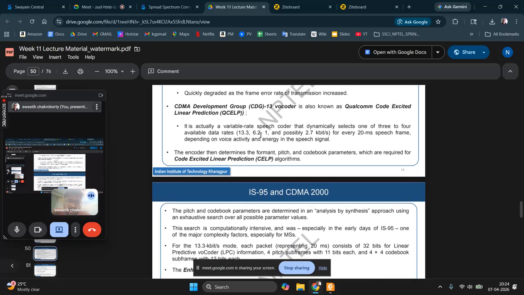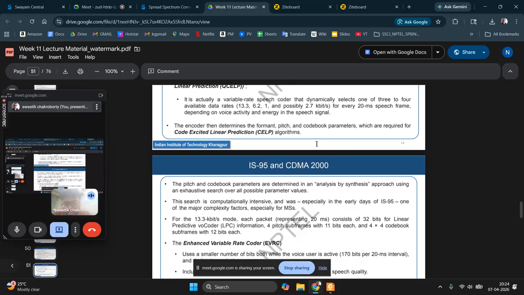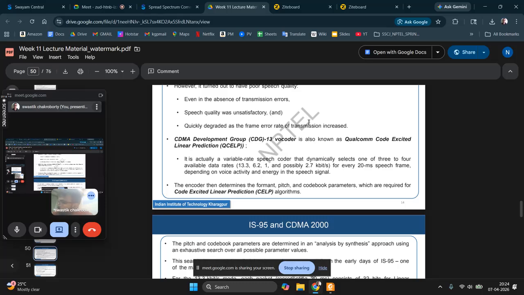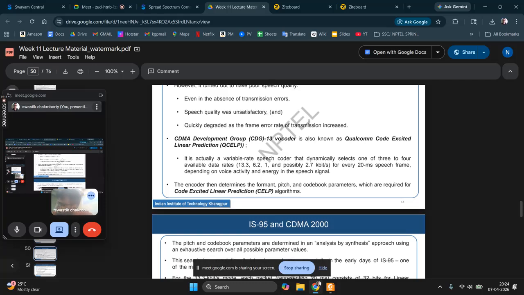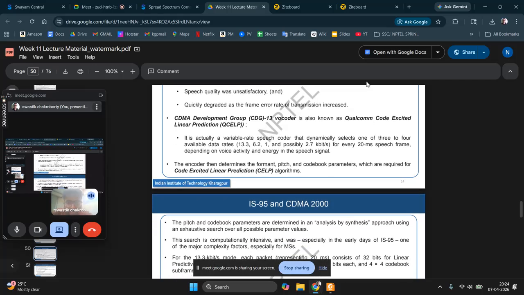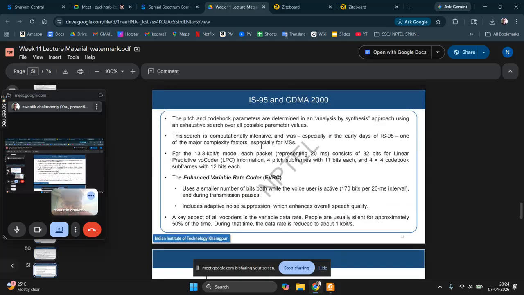It is a variable rate speech coder that dynamically selects one of 3 to 4 available data rates for every 20 millisecond speech frame, depending on voice activity and energy in the speech signal. Previously all speech signals were transmitted at a particular data rate, but Qualcomm designed a variable rate encoder which, according to the energy level or voice activity of a particular 20 millisecond duration, will choose a rate from the 4 available rates.